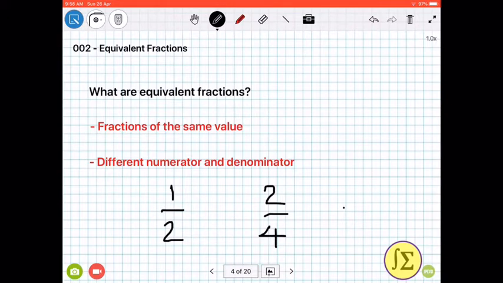They have the same value. But you can see that the numerator value for the first fraction and the second fraction are different. Same with the denominator. This one has got 2 and this one the value is 4.